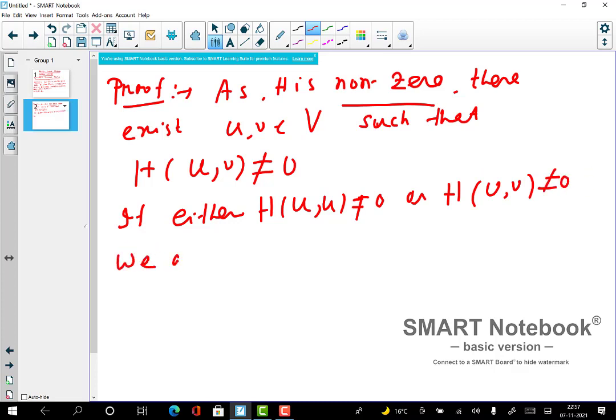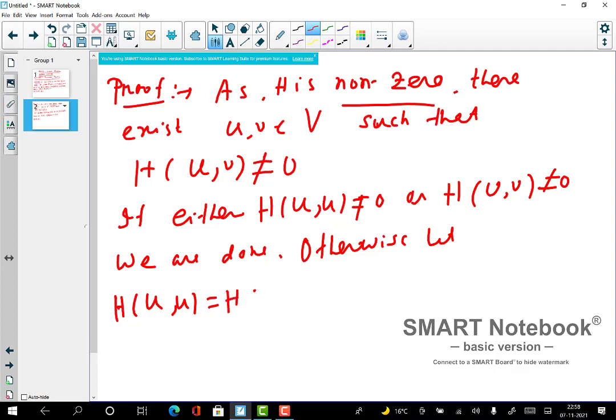So now assume that both H(u, u) and H(v, v) are 0. If one is non-zero, then we can choose x equal to that.